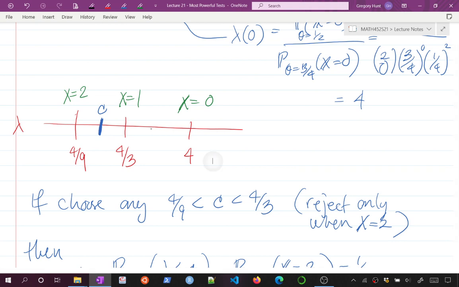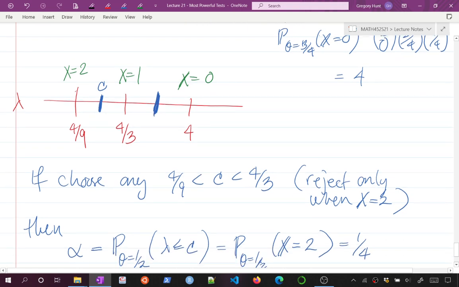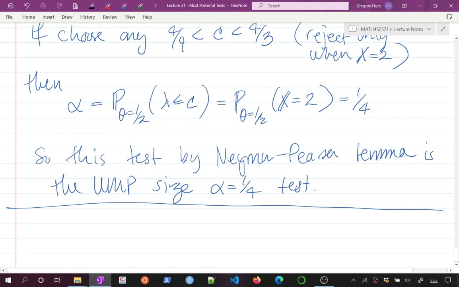If I were to move my C to somewhere else, alpha wouldn't be 1/4 now, but it'd be the UMP for whatever size test that is. In that case, it's probably like 3/4 or something like that. Yeah, indeed, that's probably what it would be. So that's a nice example. We've done these normal examples several times. That's a different kind of flavor example of a discrete test.